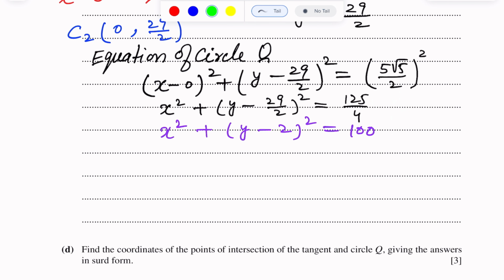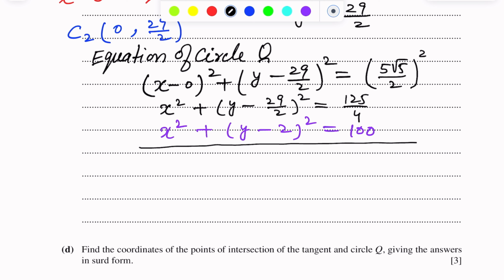By the elimination method, we subtract both the equations. We change the sign of the lower terms, and x square cancels out.